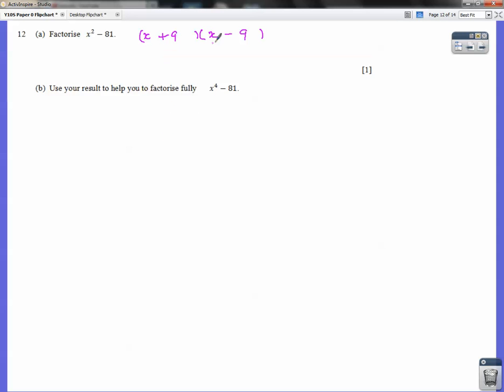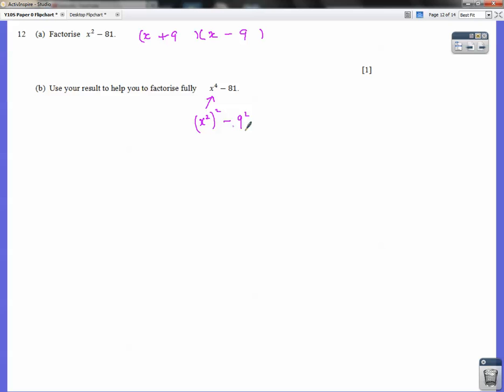Now, part B says use your results to help you to factorize x to the 4th minus 81. You're not quite using this result, but you're using this idea. And the idea is that this is also a difference of two squares after a fashion. You can think of x to the 4th as x squared, squared, and you can think of 81 as 9 squared.